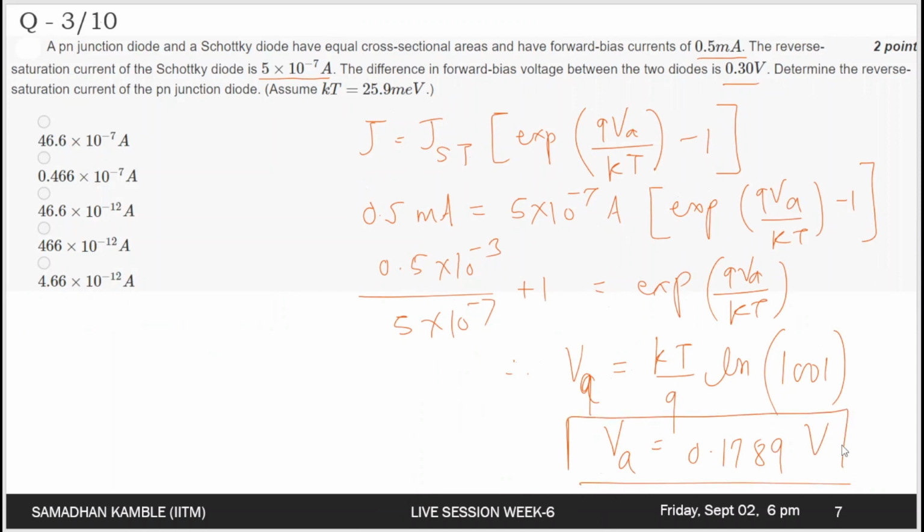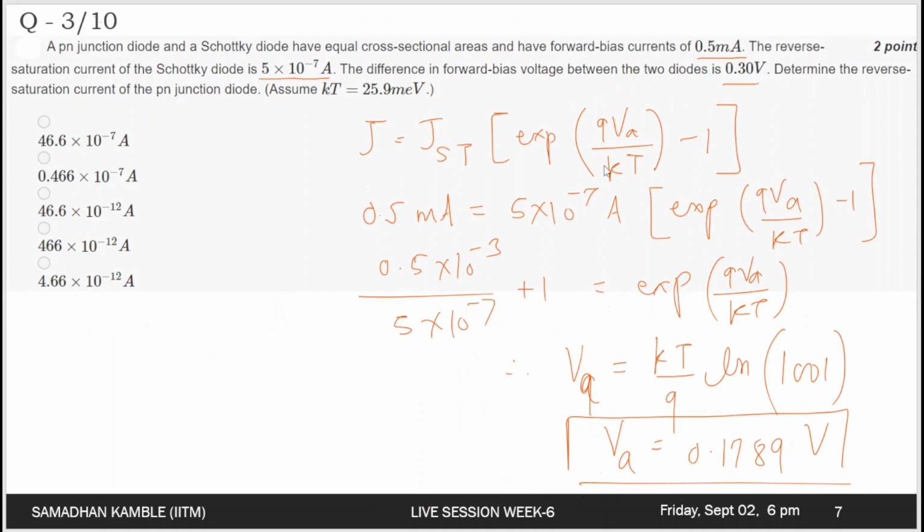Okay, so VA we have got, and they have said that the difference in the forward bias voltage between the two diodes is 0.3 volt. We know that the PN junction has a higher threshold voltage, so it turns on at a higher voltage, and hence a larger VA needs to be applied to get the same current.